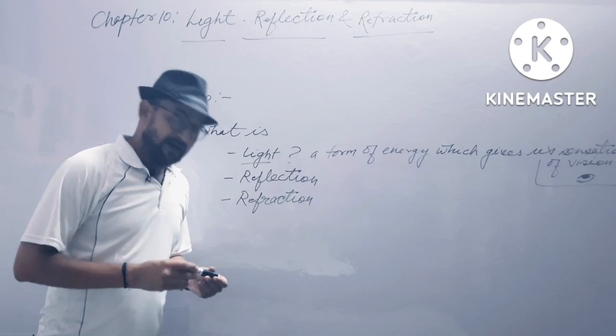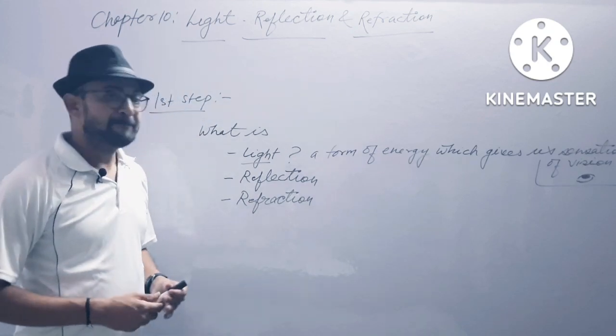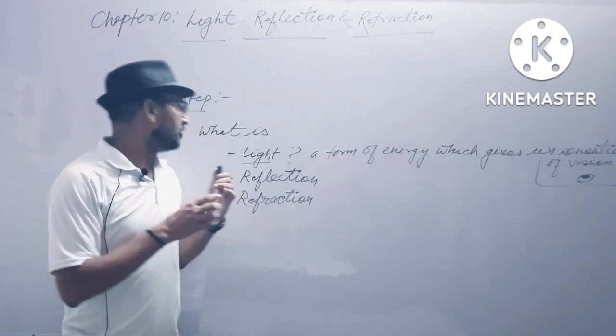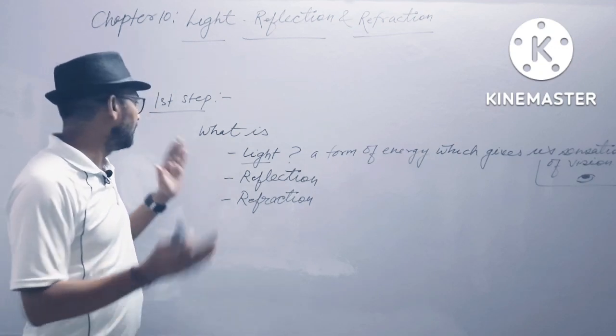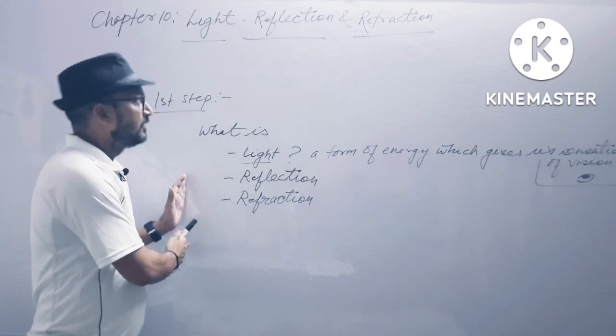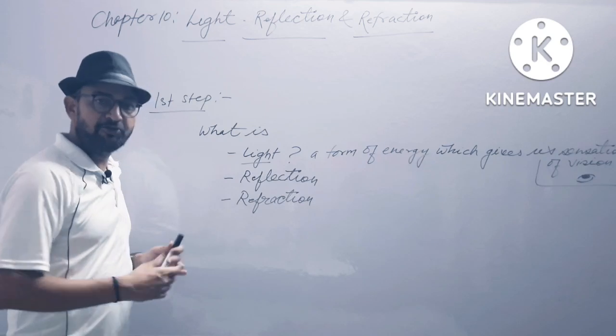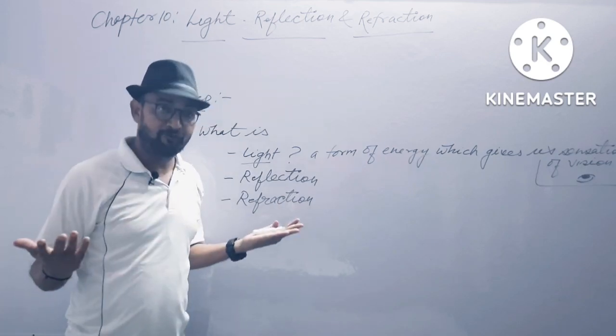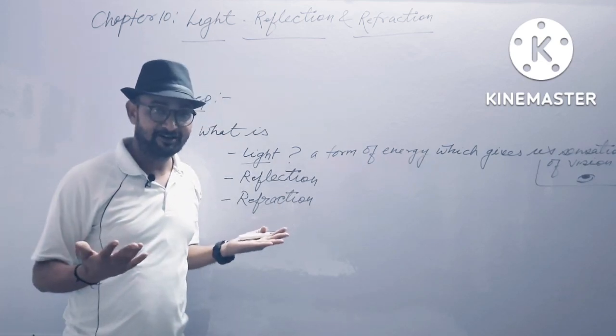Now you can see I am standing here and you are watching at the words. You are looking at the words. You can see all this. You can see me. How it is possible?